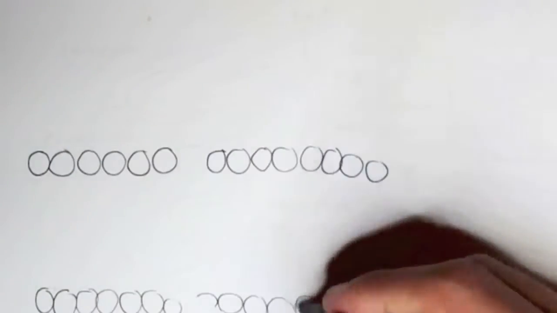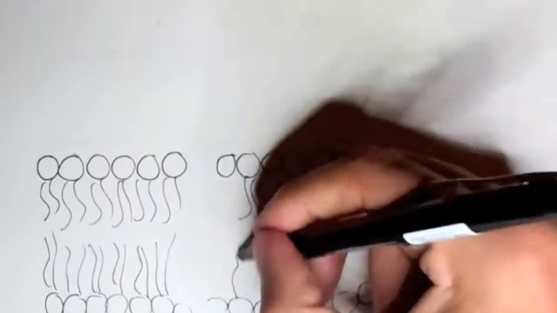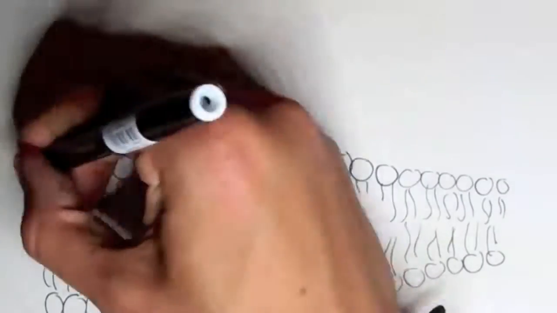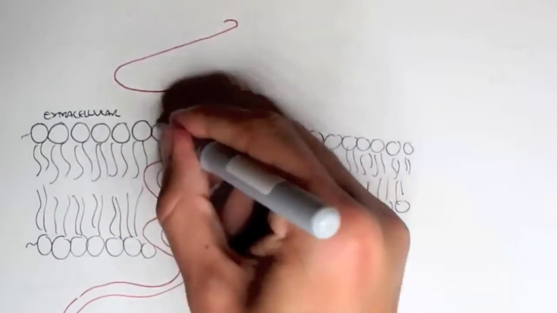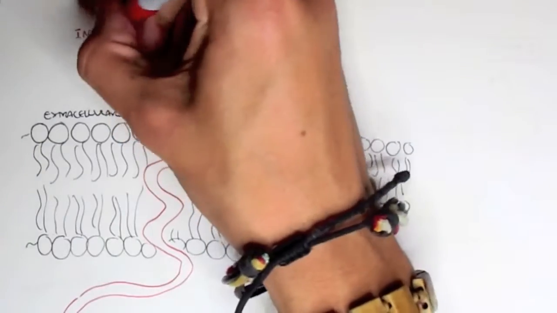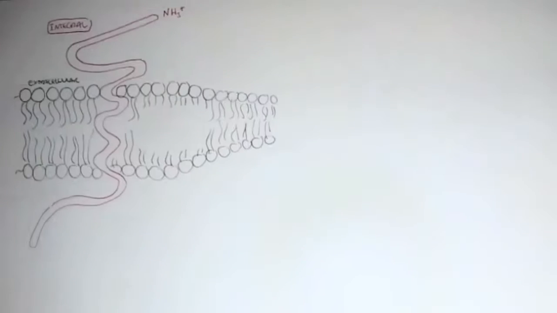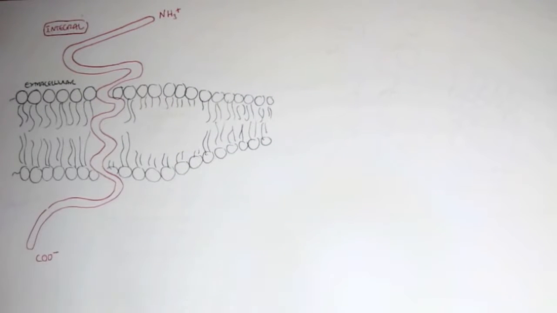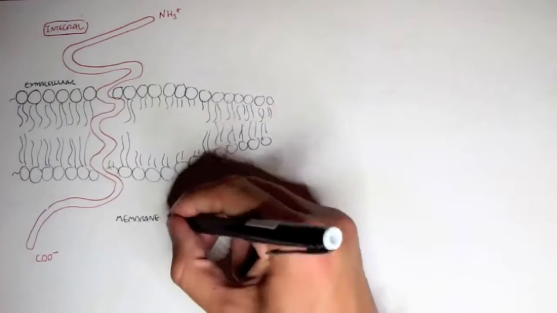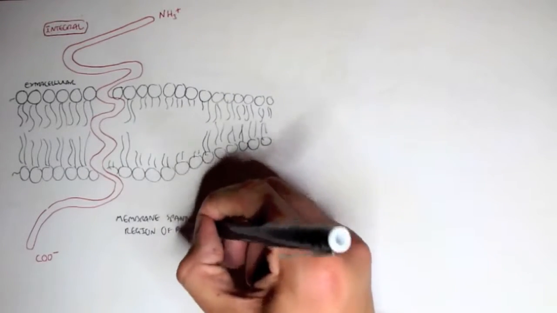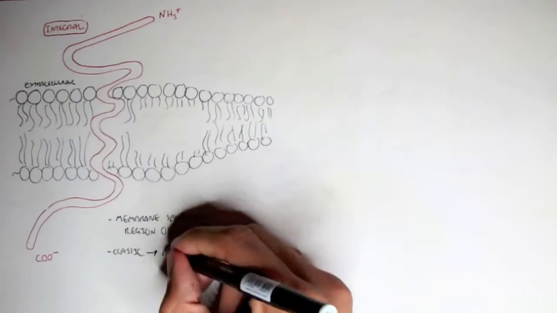So let's look a bit more on integral proteins specifically. So here I'm going to draw the membrane bilayer again. Extracellular fluid here, and here we have the integral protein, consisting of the head group, the amino group, and also the carboxyl group. Now the classic structure of the integral protein, which spans the membrane, is an alpha helix structure.